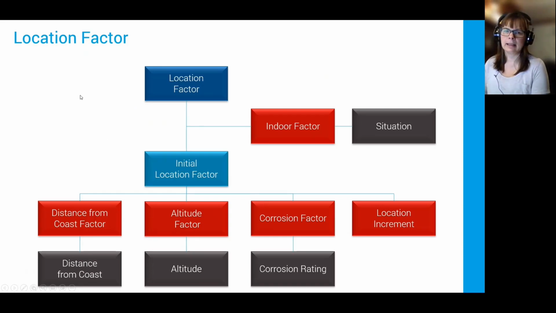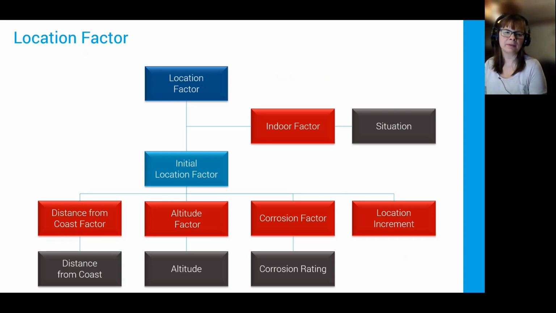So in the UK and other places, inputs are distance from coast per asset, altitude and corrosion. So these are inputs per asset. And in the UK, where there's a lot of coastline, distance from coast is quite important. If you're in a state that's in the middle of the country, distance from coast might be entirely irrelevant.